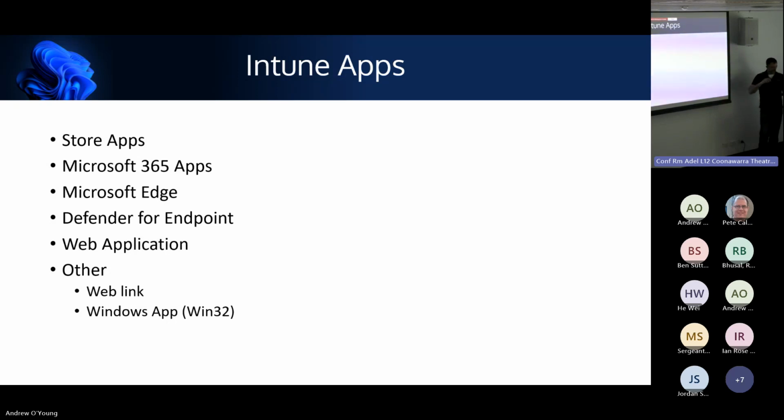There's a whole bunch of other ones in there: line of business applications, macOS apps, and packages and so forth. But I guess the two big ones in there are web links. If you have a particular web link you want to put as an icon on a desktop inside the browser, you can set it up in there. And then the Windows apps, so Win32 apps.